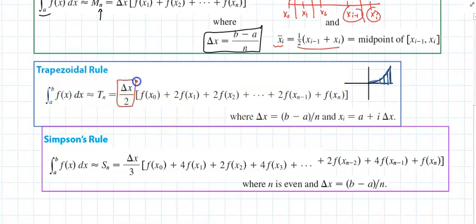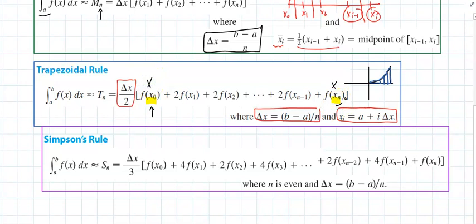Delta x is identical to the previous delta x, b minus a over n, and x sub i is matching what Riemann did. You'll notice the only exception is you start with f of x sub 0, and you end with f of x sub n. In the left-hand approximation, we picked x sub 0 and we dropped x sub n. In the right-hand approximation, we dropped x sub 0 and we picked x sub n.